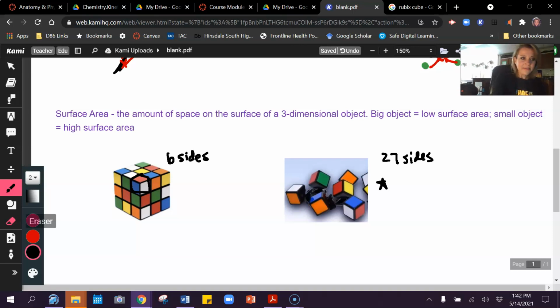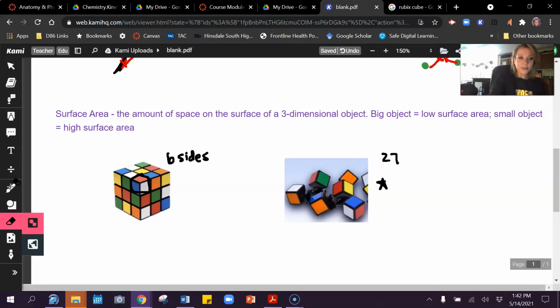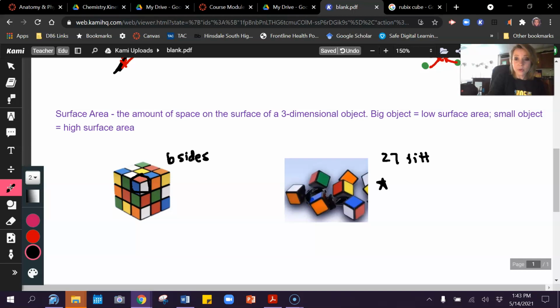So that's going to be a lot more work, first of all, but it's also going to be a lot more wrapping paper. So here I'm going to have 27 little cubes with 6 sides each. My point here is this: the smaller the object, the more surface area it has.